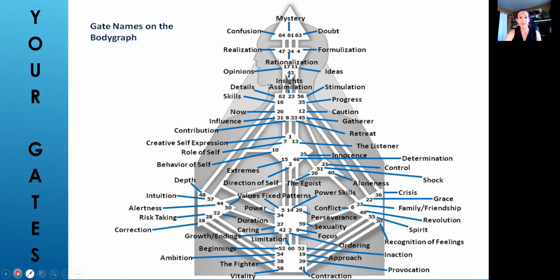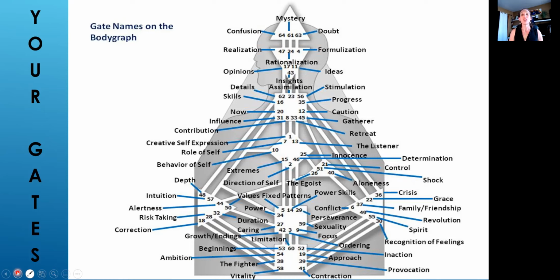Every single one of these gates has 3 frequencies that it can resonate at, as either a shadow or your not self, as the gift, where you are utilizing the beauty and the balance of it, or as the siddhi or enlightenment state, where we begin to transcend the duality realm of this particular incarnation, and we start to become that enlightened being that knows that we are so much more than just our body and so much more than just this lifetime.